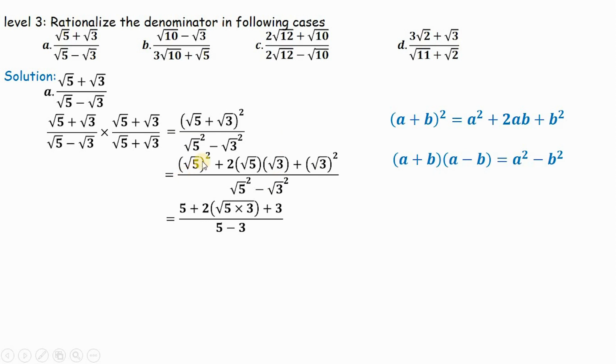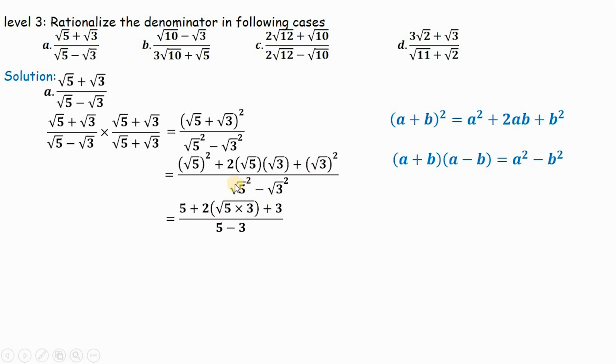Further, square root of 5 whole square is 5, because root and square get cancelled, plus 2 into, in the root we can multiply the two numbers, but we cannot add under root, but we can multiply. So we'll take the root common and multiply 5 and 3, plus root of 3 square, square and root get cancelled, we get 3.